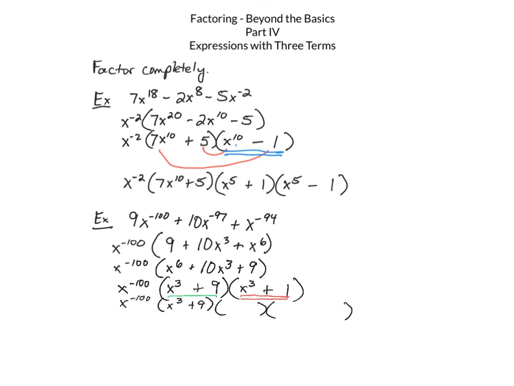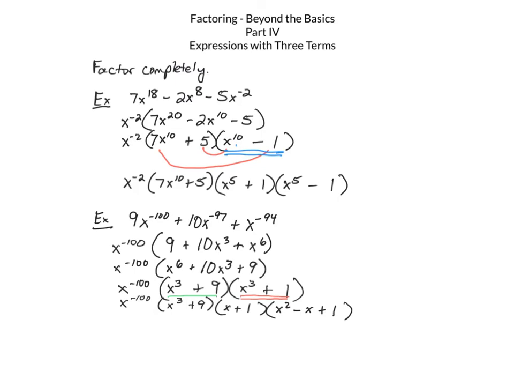X cubed plus 1 is x to the 3rd plus 1 to the 3rd. So I'm going to have x plus 1 as my first factor in factoring that sum of two cubes. And let's see, I will have x squared minus the product of 1 and x in the middle plus 1 squared.